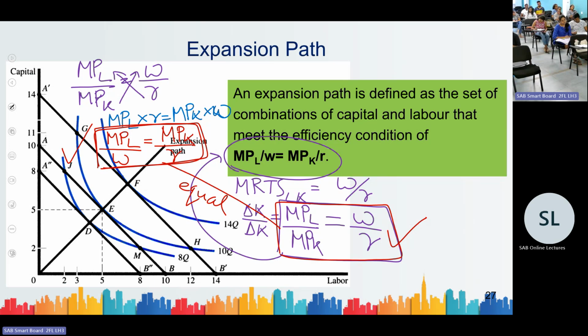That is the idea behind this new condition. New but the same as before. This is more economically meaningful. So this is rupees spent on labor, this is rupees spent on capital. These are additional inputs, additional outputs. Additional output produced by one additional rupee on labor should be equal to additional output produced by spending one additional rupee on capital. It is much more meaningful.